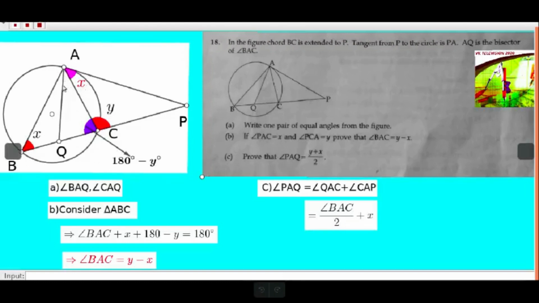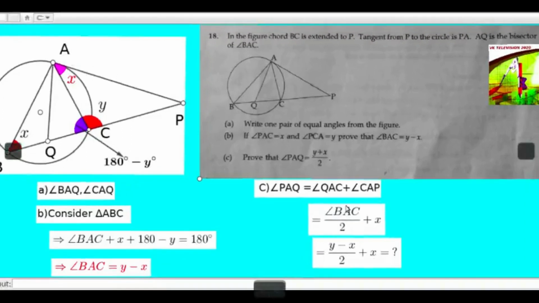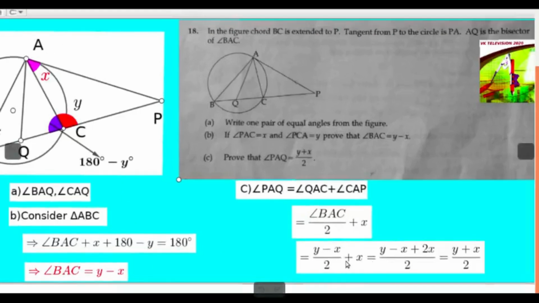So angle PAQ is equal to BAC by 2 plus X. We already found angle BAC is equal to Y minus X, so this is (Y minus X) by 2 plus X, that is (Y minus X plus 2X) by 2, that is (Y plus X) by 2. So angle PAQ is equal to (Y plus X) by 2.